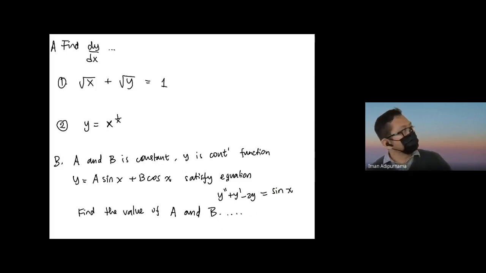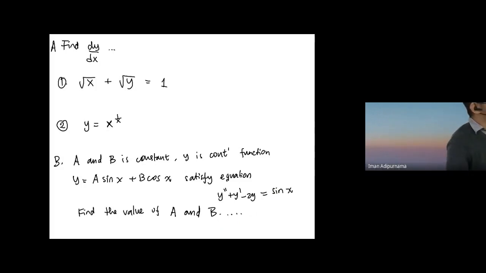From these three questions, which one do you want me to solve? The first one, the second, or third, or the last? Because I think we don't have time to solve all three. So yeah, the third one. Okay.